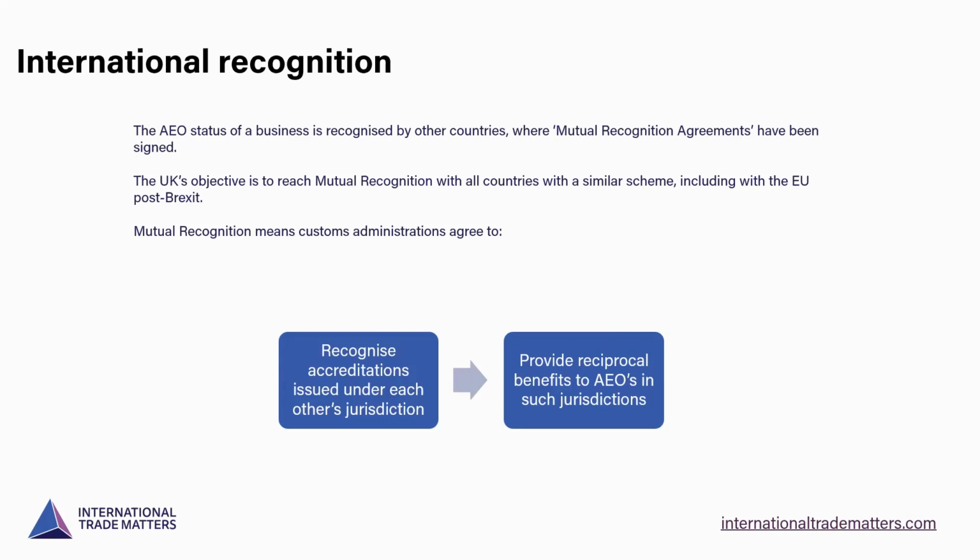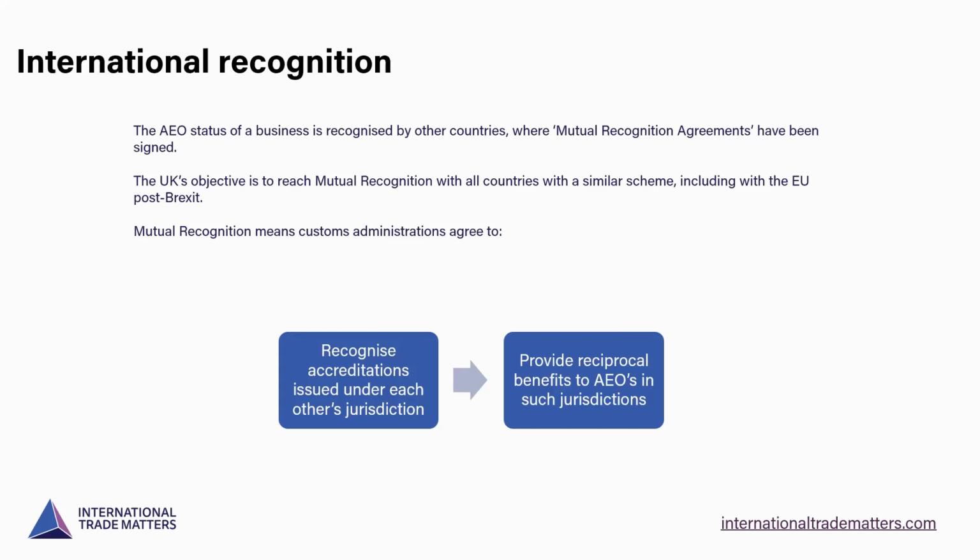What we need to know is, if you're moving goods into one of those states, do they have an AEO or an equivalent? The UK's objective is to reach a multi-recognition status with all countries with similar schemes and incorporate those into any trade agreements.